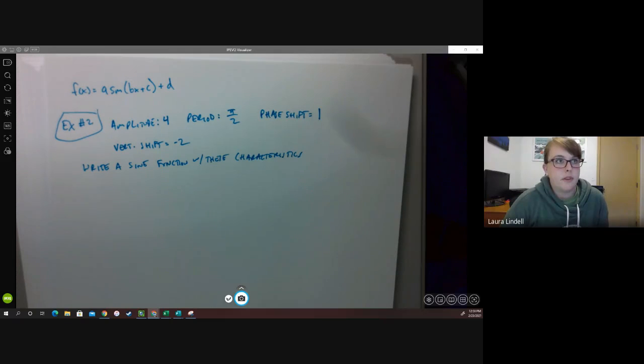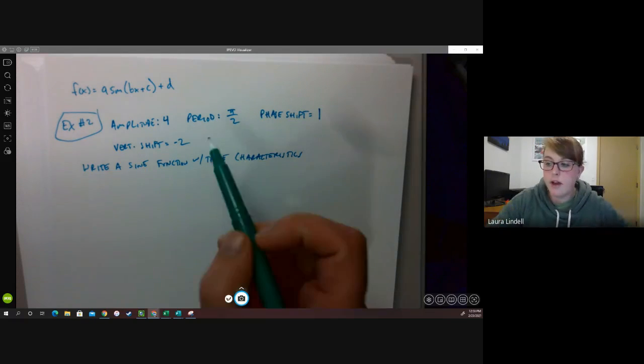Okay. So when we're writing a sine function or a cosine function, they'll tell you which they want with these characteristics. The thing that we're thinking here is that we need to find what A, B, C, and D are going to be. If phase shift is 0, or they don't mention a phase shift, then we automatically know that C would be 0.